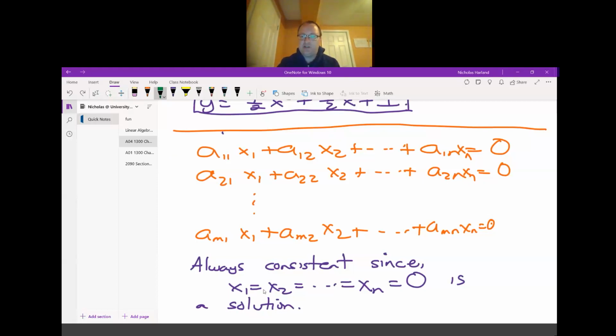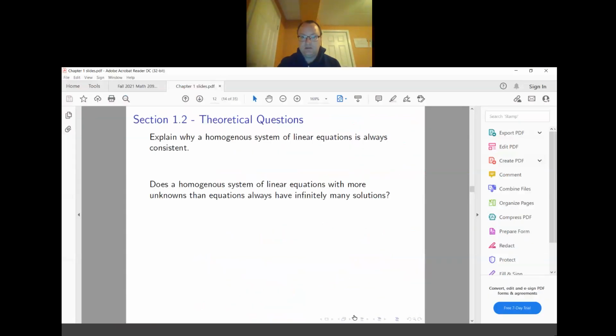That hasn't changed because it's homogeneous. I claim we know more than that. What are we guaranteed if we have more unknowns than equations?